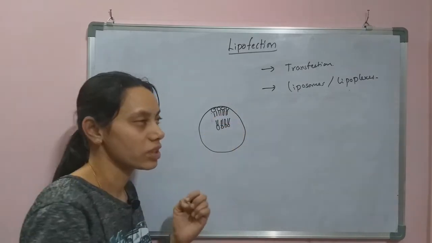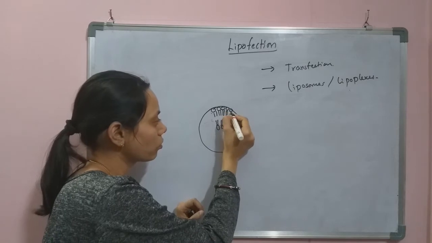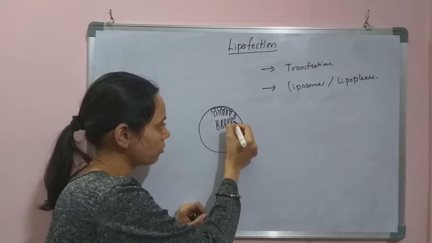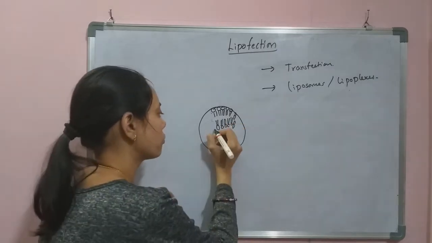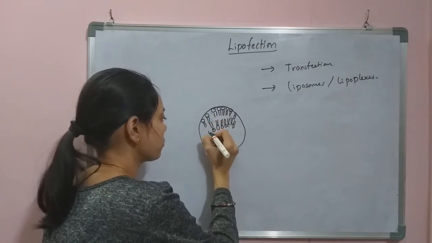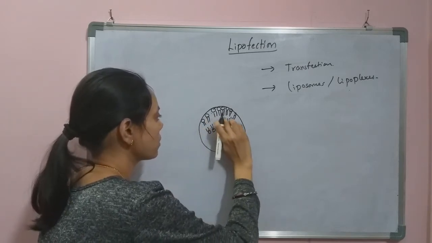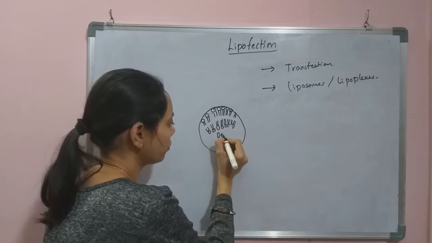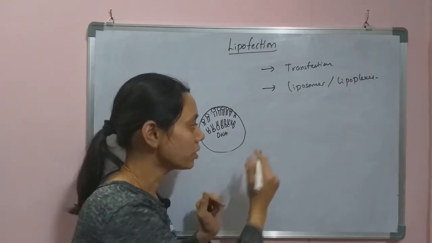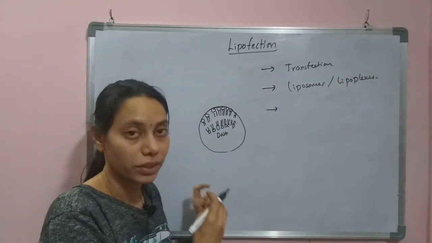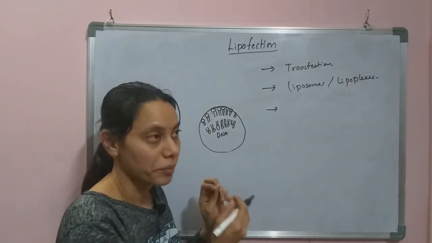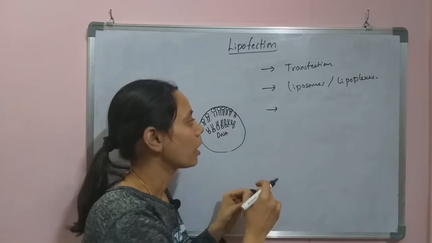These small vesicles are made up of a bilayer, and inside these bilayered vesicles the DNA will be there. They carry DNA inside them, and there is a wide choice of the type of lipid that forms the liposome or the small vesicle, or maybe we can call it a micelle.